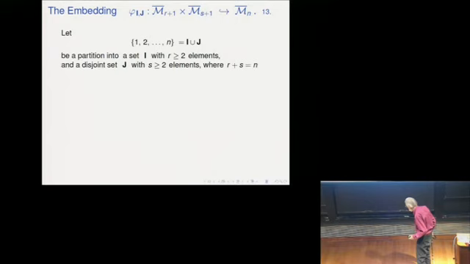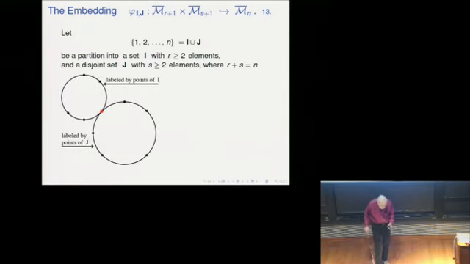So whenever you have such a partition, there's a well-defined embedding of a product of 2 of these manifolds into the third. And we can represent it by this kind of diagram where we have 2 circles intersecting at a red point.